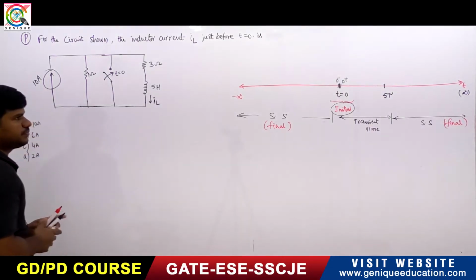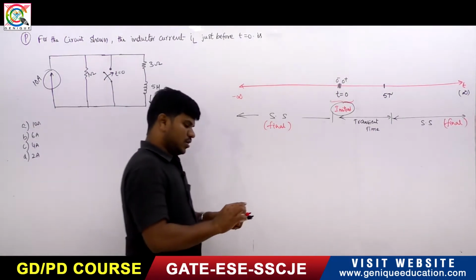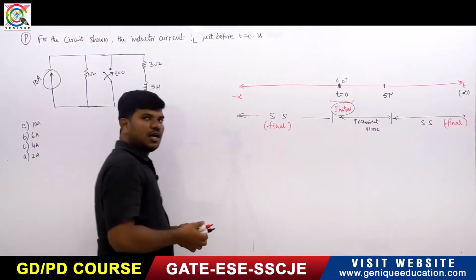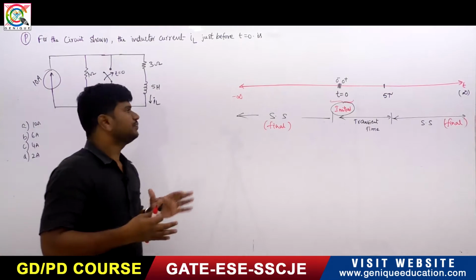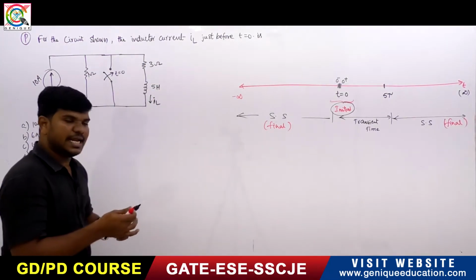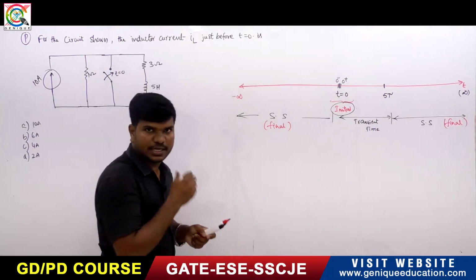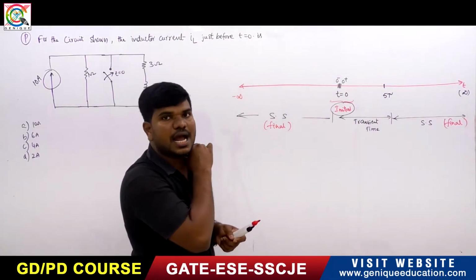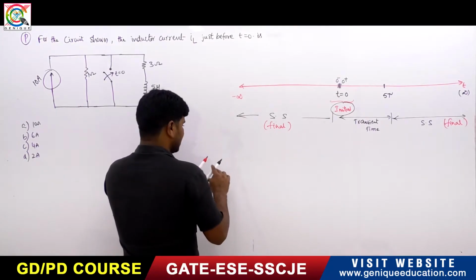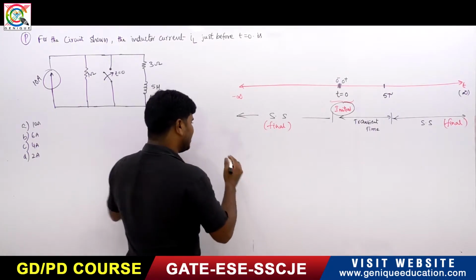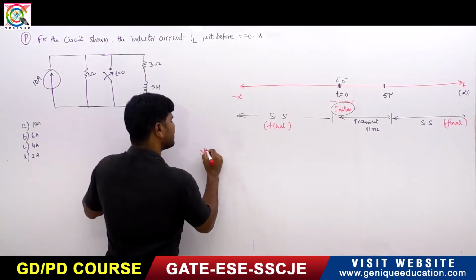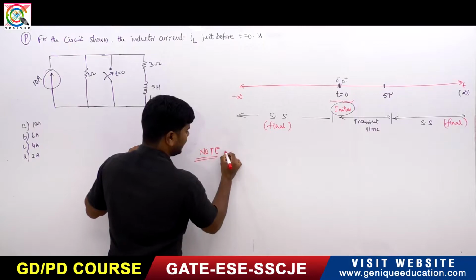Now while you are dealing with transients, you must focus on inductor current and capacitor voltages. You have to write a note.